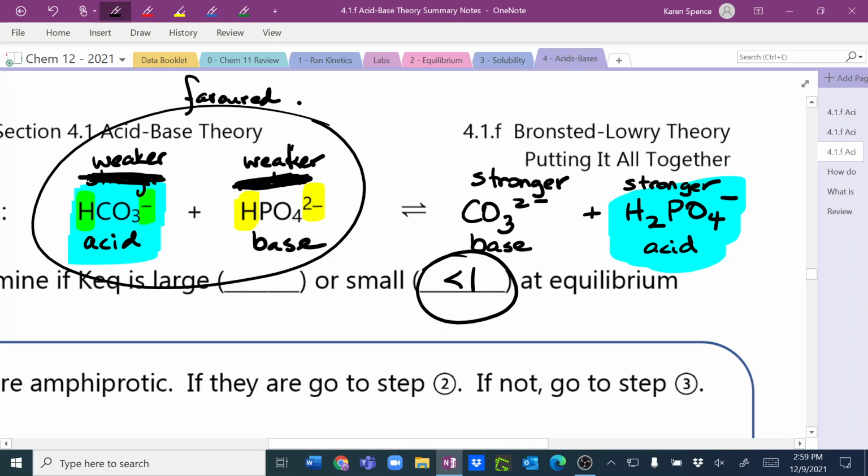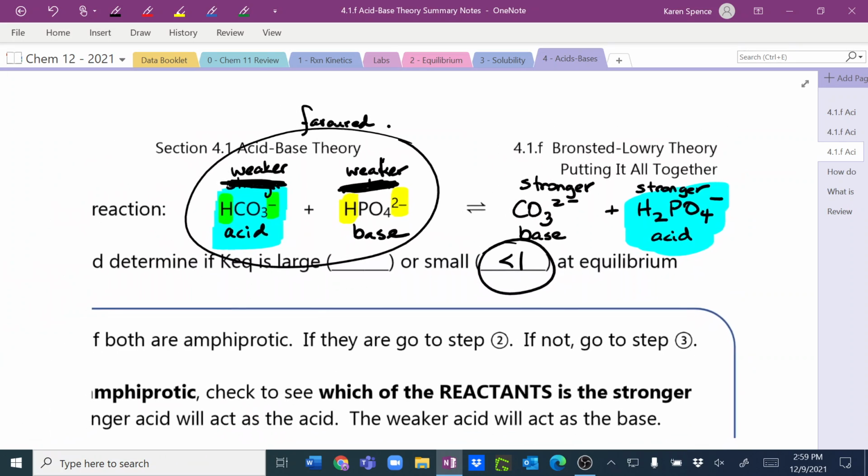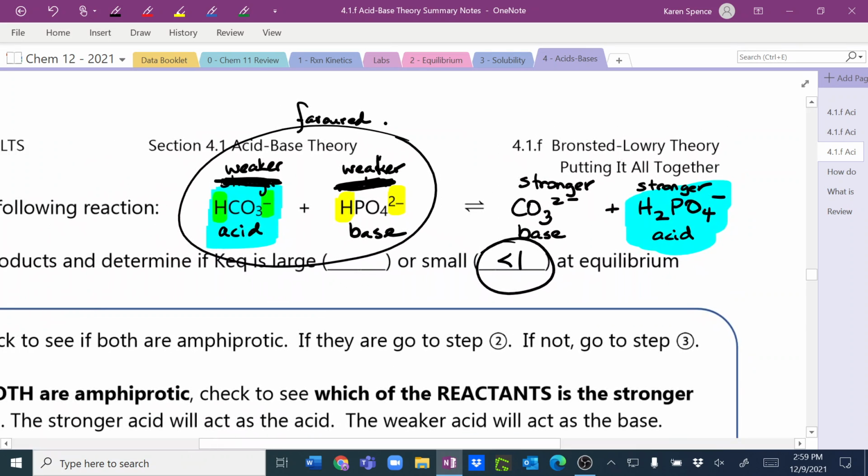If you get stuck doing this on your own, your homework is to do 4.1F, the worksheet attached to this. There are a few other little things like the 5 properties of acids and bases. What's an Arrhenius acid? What's an Arrhenius base? What's a Bronsted-Lowry acid? What's a Bronsted-Lowry base?